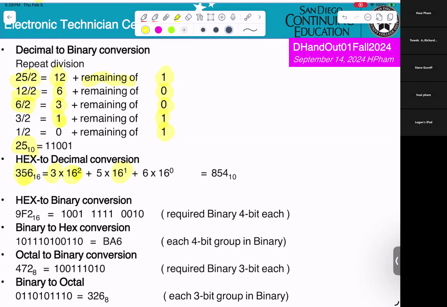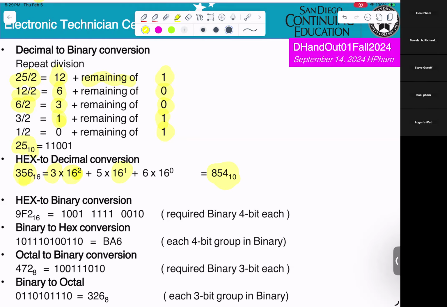And they add number 6 times 16 to the power 0. And you get this number, and this number is decimal. And the 356, that number is hexadecimal.